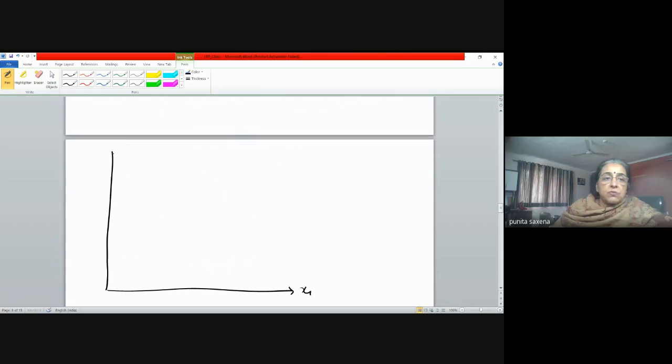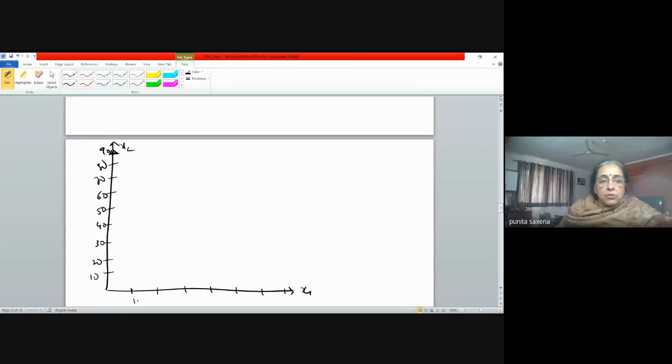this is my x1, this is my x2. Let's plot, supposing 10, 20, 30, 40, 50, 60, 80. Supposing these are my lines, right? मैंने randomly ले लिया, ठीक है.